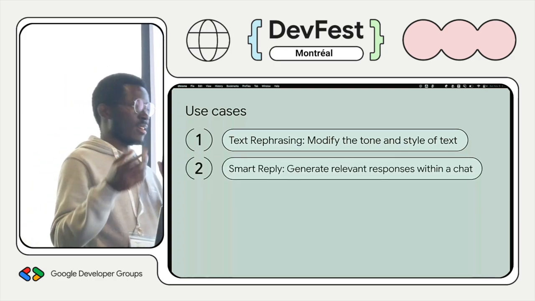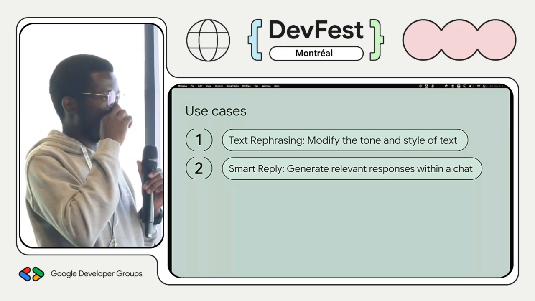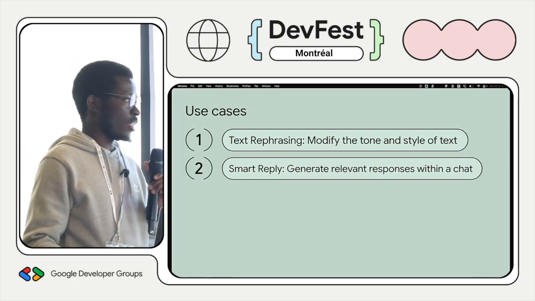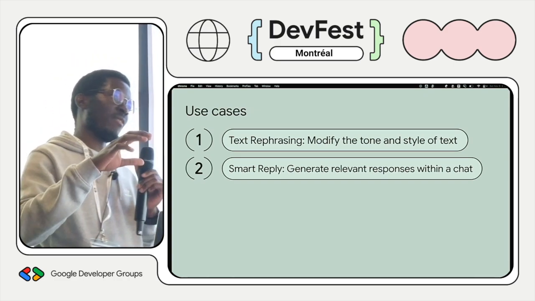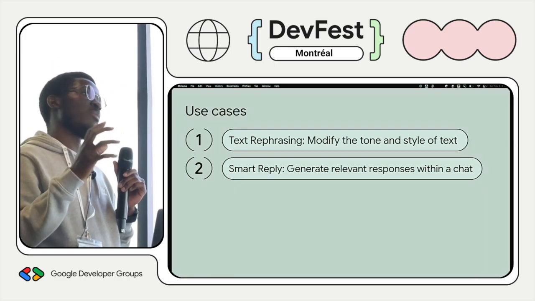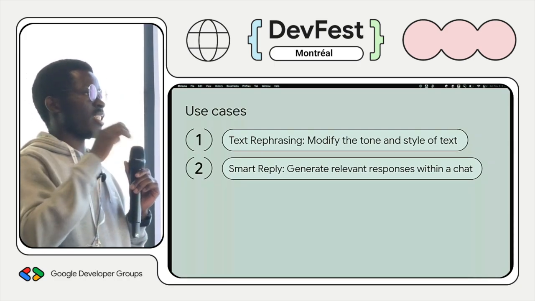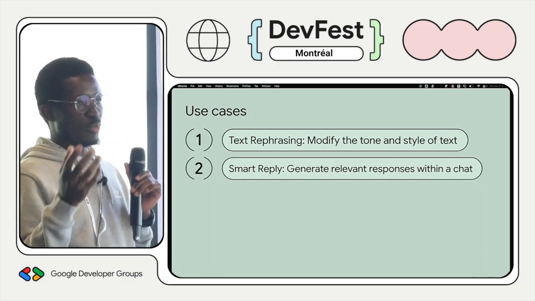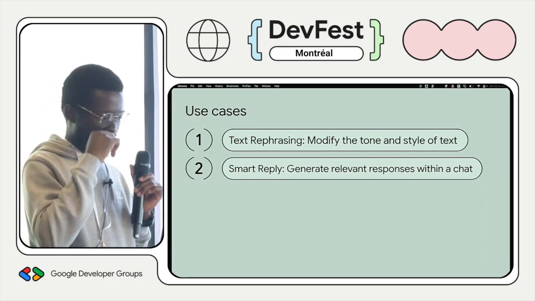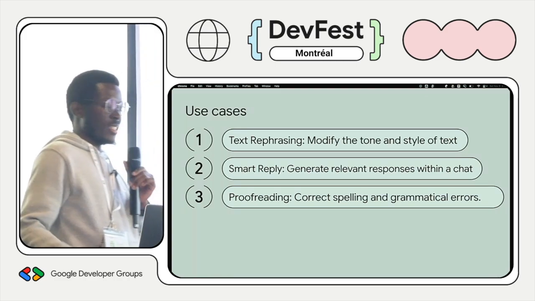Another use case is smart reply. Right now, if you're using the Google keyboard, you can have smart reply. The keyboard is able to understand the conversation and can suggest the next reply to the conversation that you are in. Another one is proofreading.